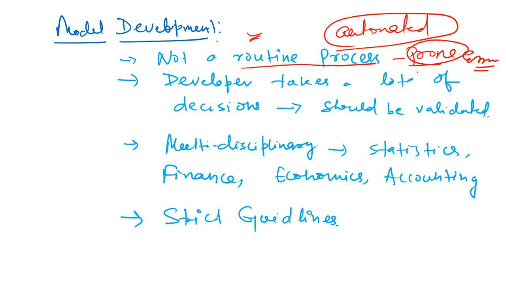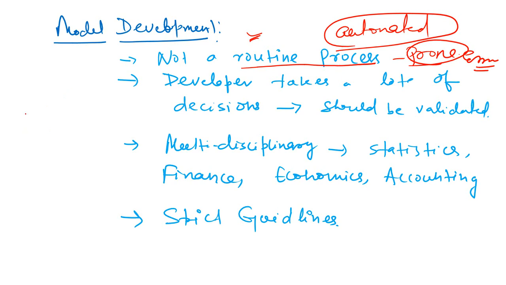Hence, there could be chances of model development errors. So why is it not a routine process? When you test the data for distribution, you cannot tell for sure that this particular data follows this kind of distribution. It cannot be automated. It has to be decided by an expert.